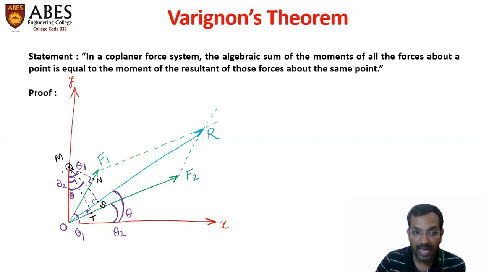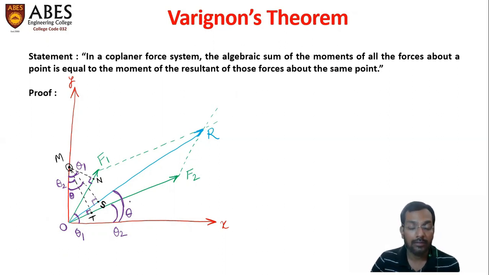Now, using these angles and these triangles, we are going to prove this statement. First of all, we will find out the moment of each and every force. The procedure we are going to follow: first, we will calculate the moment of each force, F1 and F2, and mark those moments as M1 and M2.